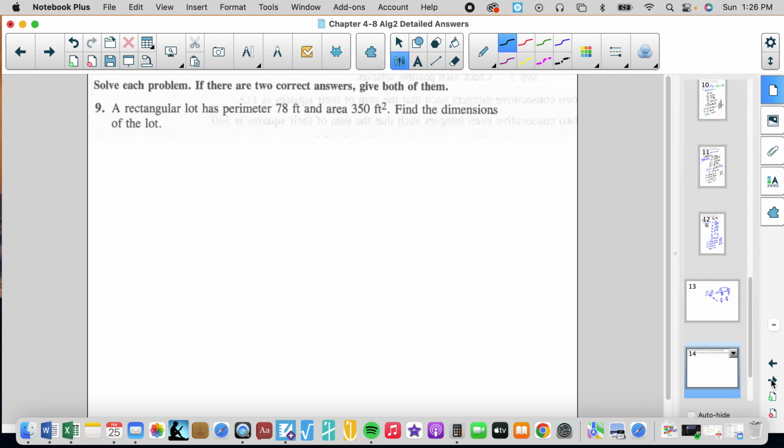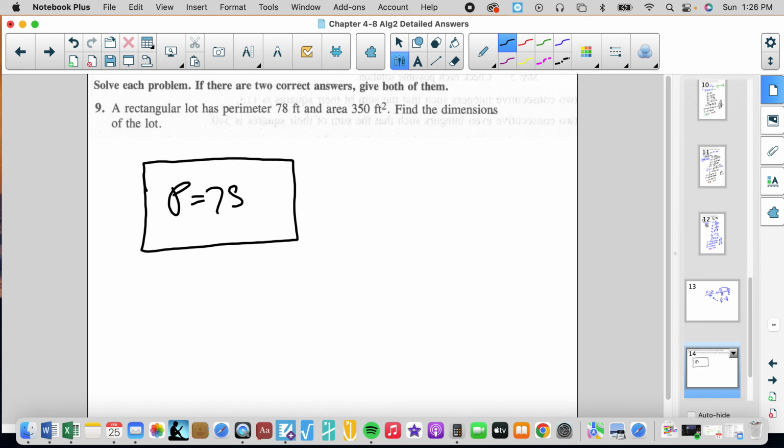A rectangular lot has a perimeter. Ooh, we love perimeters. Has a perimeter P equals 78, and an area of 350. Find the dimensions of the lot.